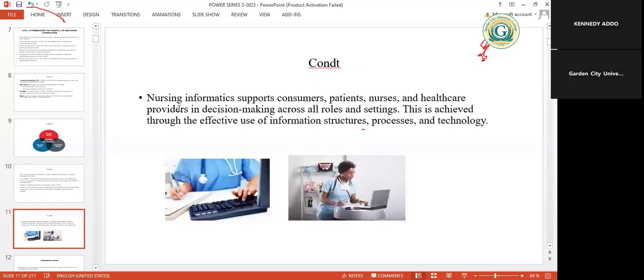So we are looking at information science, and we are also looking at technology to deepen our understanding of the activities nurses perform, right? These are typical examples of how technology is revolutionizing the healthcare space. We are moving away from the traditional paper-based system to a more robust and improved system over what we are used to.